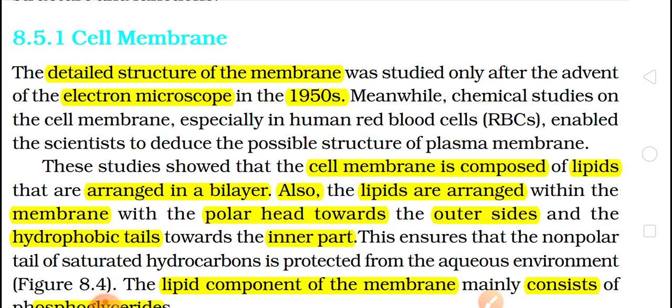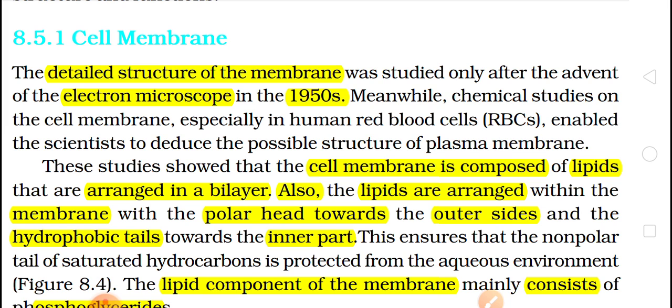Children, today we are going to start a very important and very interesting topic of chapter number 8, that is cell membrane or plasma membrane. Cell membrane and plasma membrane are the same term. We can say cytoplasmic membrane also.